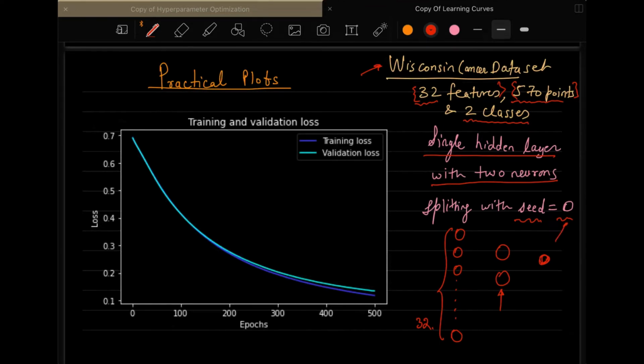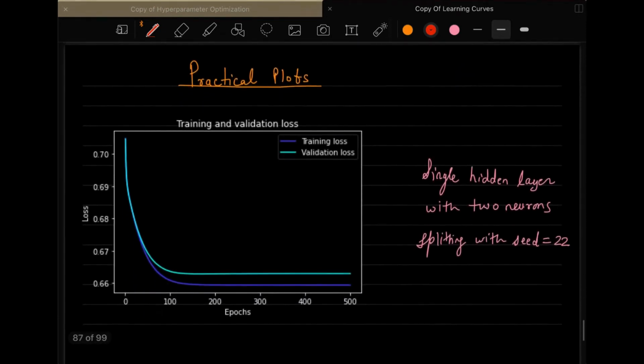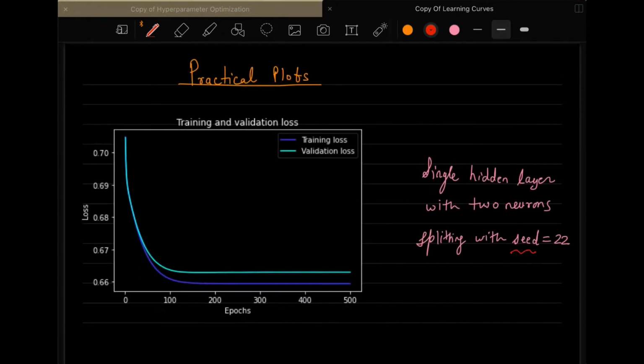So what I found is that the training and validation loss looked something like this, and in some way it matches what we have studied. So it's performing well here. But when I set the seed to 22, so when I do the training and test splitting with a seed of 22, something like this happened.